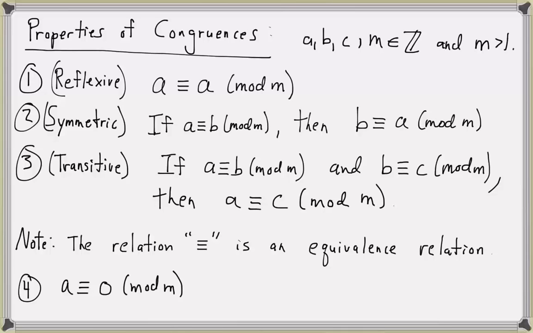So A is congruent to 0 mod M if and only if M divides A. And this is a very simple property to prove by the definition of congruence. If A is congruent to 0 mod M, then M divides A minus 0, but that is A. So now we will prove some algebraic properties of congruences.